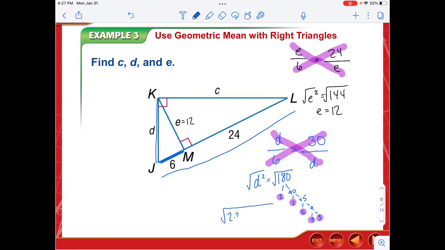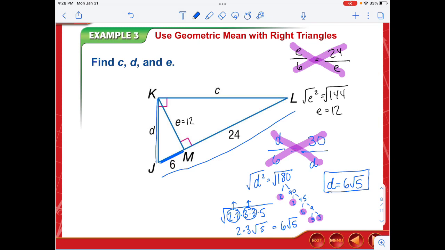So I'm going to write those out. And then I'm going to circle groups of 2 numbers and pull 1 out from each of those groups. So now I have 2 times 3, root 5, which is just 6 root 5 as my answer for D.